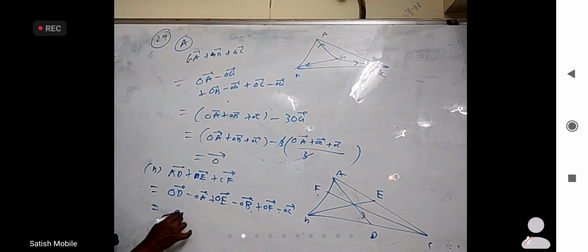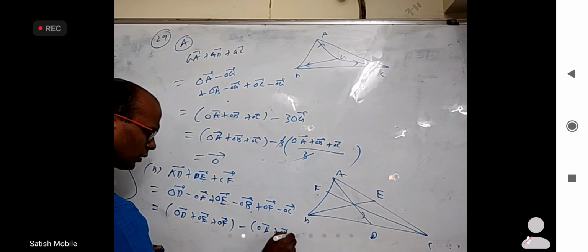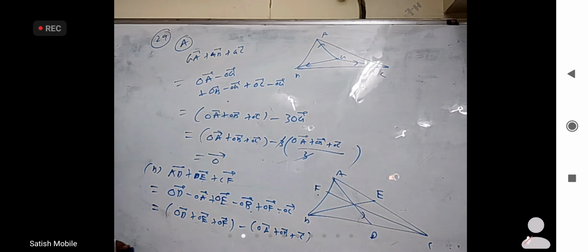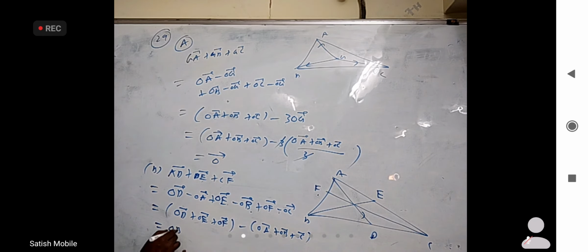So I have OD bar plus OE bar plus OF bar minus (OA bar plus OB bar plus OC bar). We can do some other method also for this, I'll tell you, but this is one method. What is the formula for OD, midpoint of B and C? So you can write OB plus OC by 2.